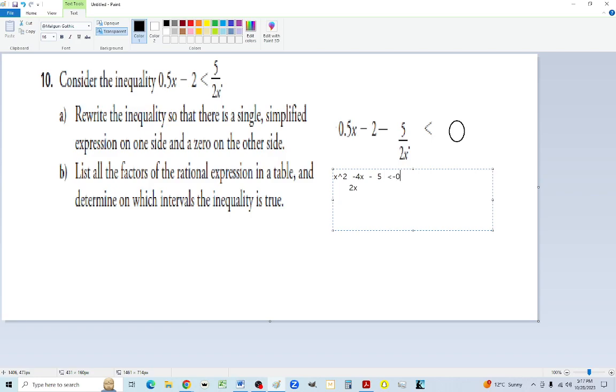Smaller than 0. If I solve the above equation, I get x minus 5, x plus 1 over 2x. Now this is the whole thing over just one fraction right here. And this is the whole thing factored over a fraction. List all the factors of rational expressions in the table. So we're dealing with 5, minus 1 and 0.